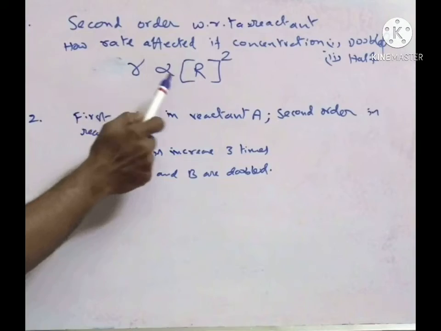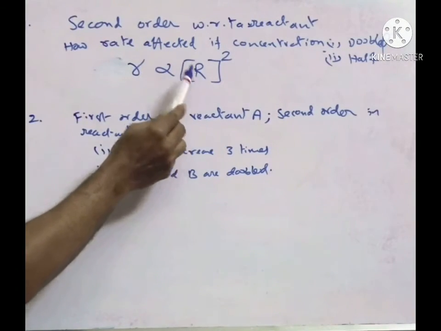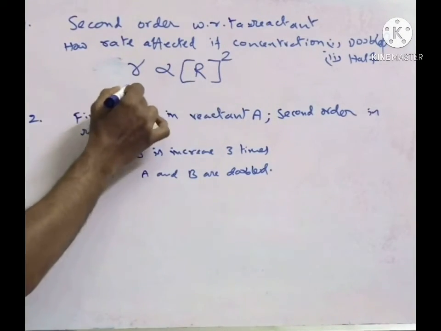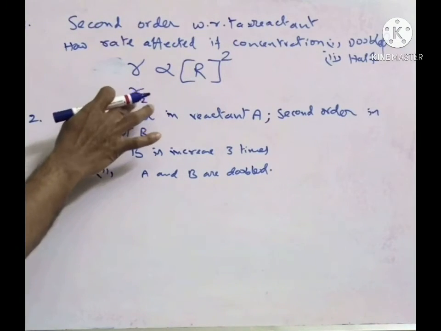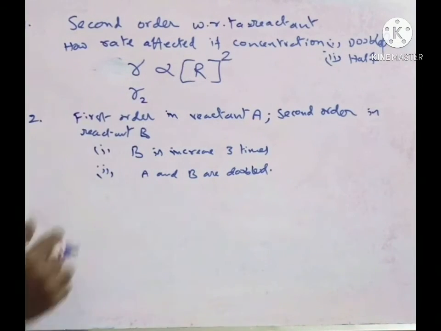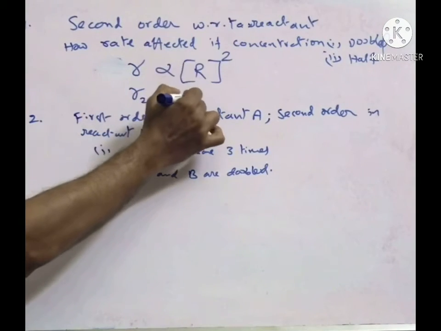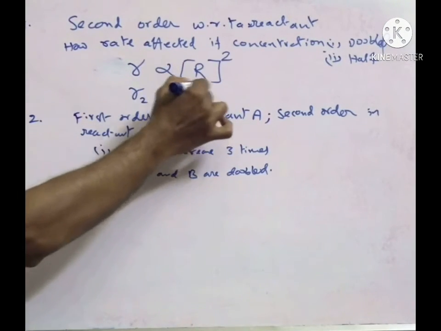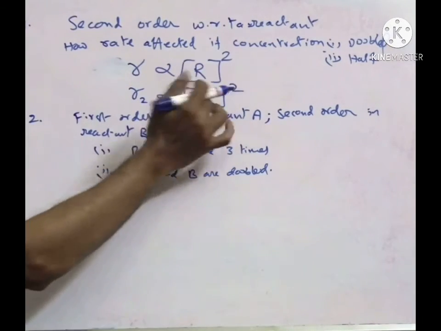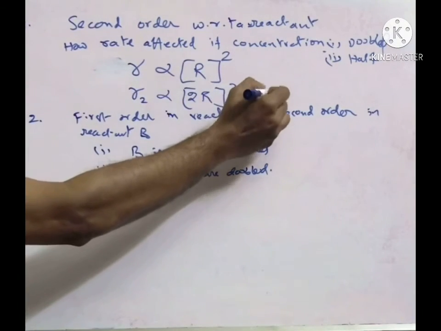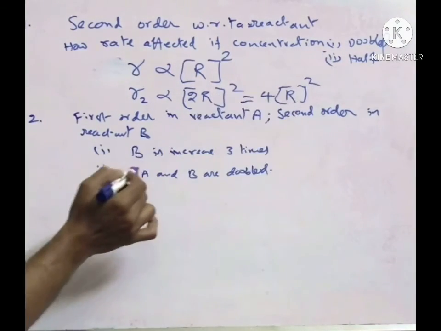Now what they have asked is how the rate is affected if the concentration is doubled. That means this R becomes 2R, so what will be the rate? For the second condition, the doubled condition, take the rate as R2. R2 will be proportional to 2R power 2. That means 2 squared is 4, so you can take 4 R power 2.